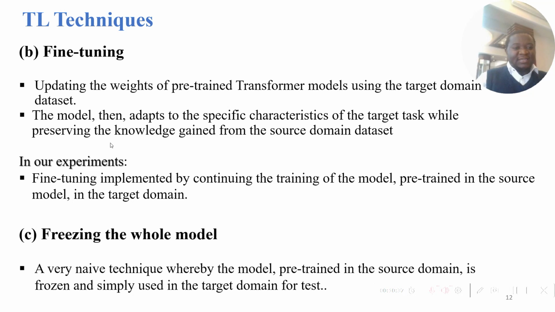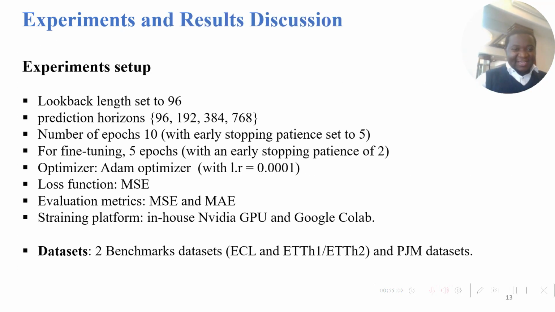For fine tuning, as indicated for all the models, we started training in the source domain, and in the target domain, we continue the training. So the training does not start from scratch. The training in the target domain starts with the weights initialized from the previous training. And for freezing the whole model trained in the source domain, we freeze all the weights. In the target domain, we just do the testing.